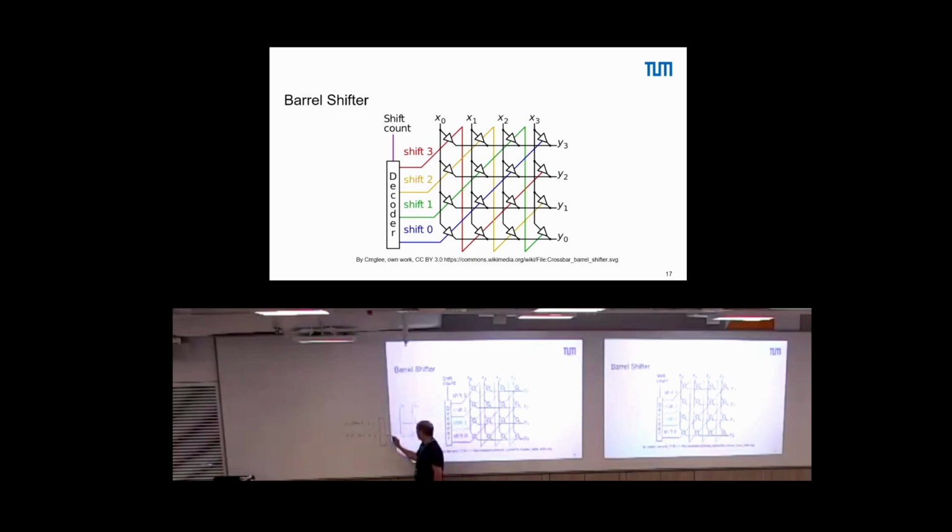And the switch is switched, maybe I dash this a little bit, with this blue wire, okay? Now we want to shift, and we do a cyclic shift. Then we open this here. We don't want to have this connection, but we want to connect x0 to y1, x1 to y0, right? Then they are exchanged, which is the cyclic rotation. So we implement a switch here and a switch here.